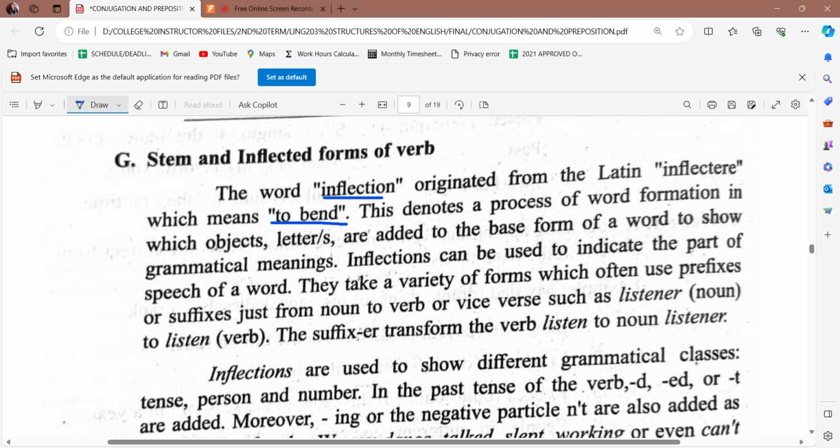They take a variety of forms which often use prefixes or suffixes, for example from noun to verb or vice versa, such as listener, which is a noun, and listen, which is a verb. So we had inflected the suffix -er: from listen, which is a verb, it becomes listener, which is already a noun.